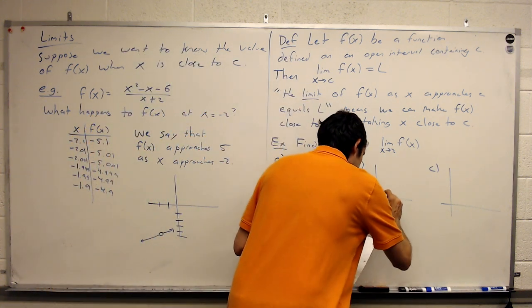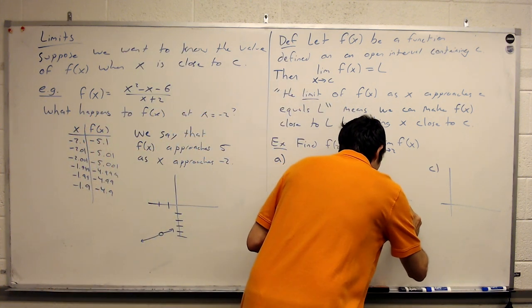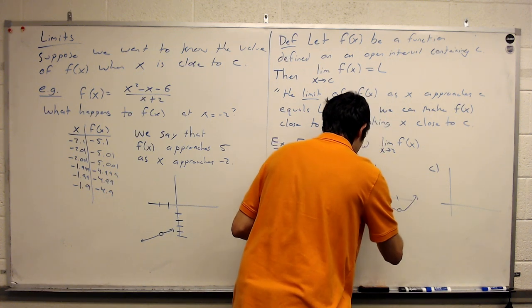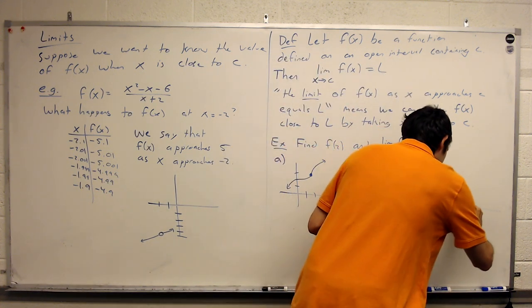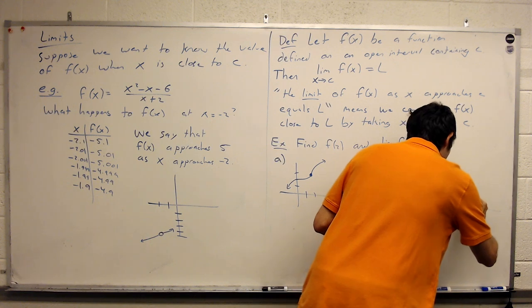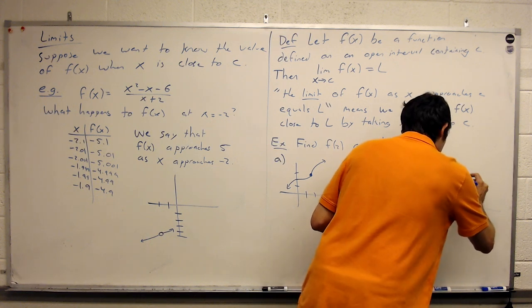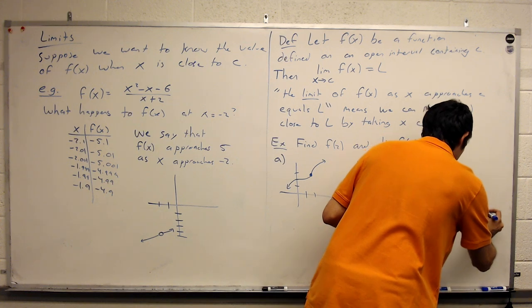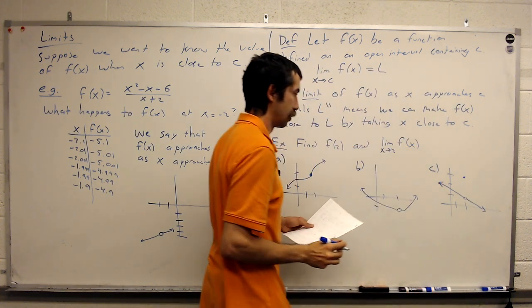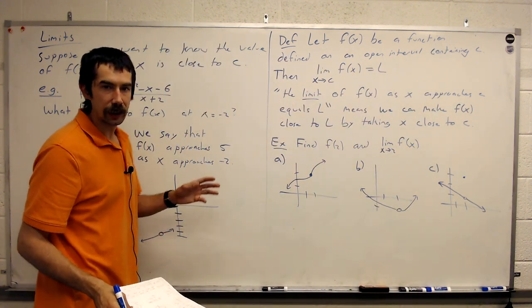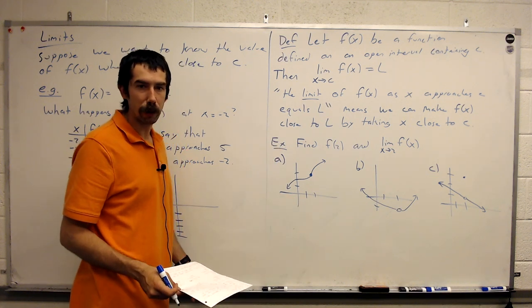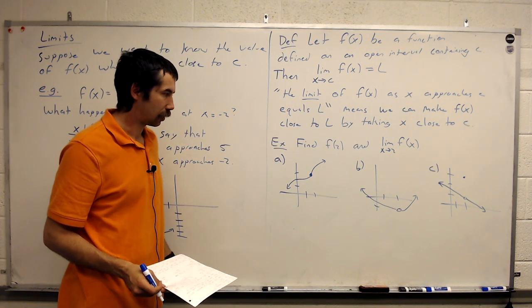Our next one is this. And then finally, this. For each of these, we want to find f of 2 and the limit as x approaches 2 of f of x.